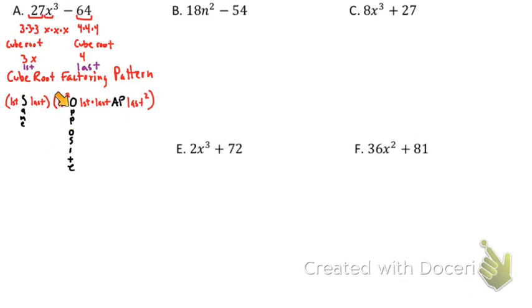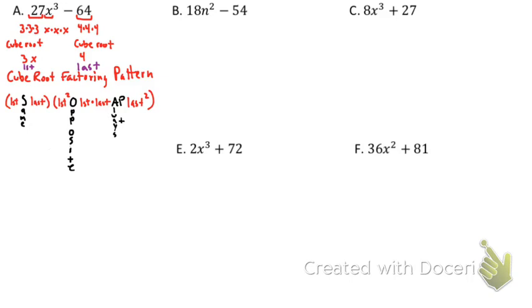So they switch. These should never be the same sign. Okay? And last but not least, the AP stands for your last sign. Your last sign is always positive. I'm not going to write that all out, but your last sign will always be a plus sign.